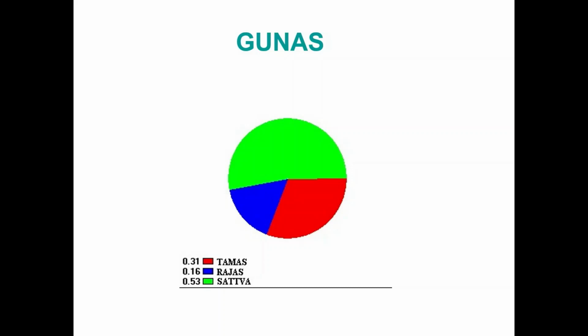The low-frequency sector corresponding to the activity of the sympathetic adrenal system reflects the manifestations of the rajas guna. The influence of the ventral branch of the vagus nerve reflects the manifestations of the sattva guna. The size of the sector in the pie chart shows the degree of manifestation of each of the gunas.